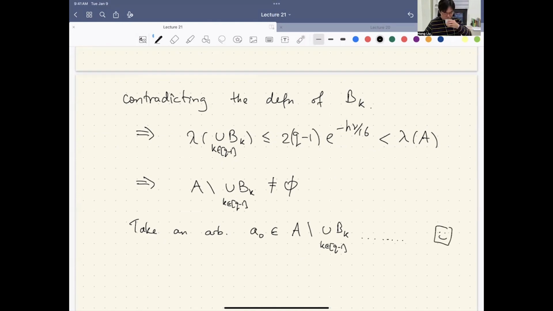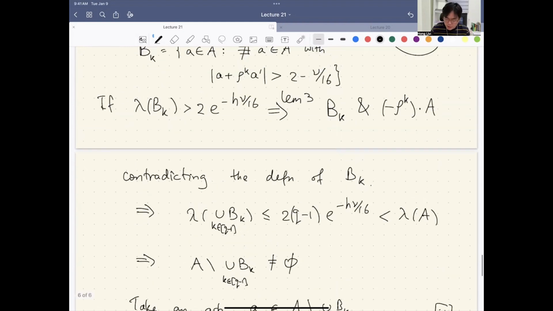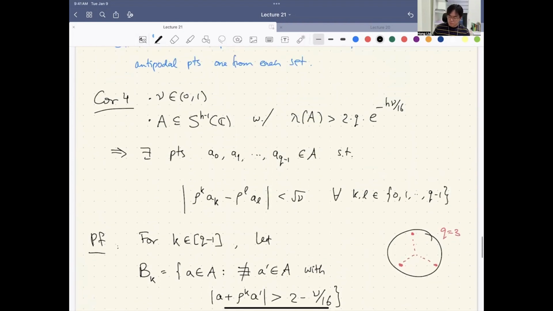Now, what does this imply? Let me confuse points with vertices, because each vertex lies in a region of small diameter, so this diameter is an error term.